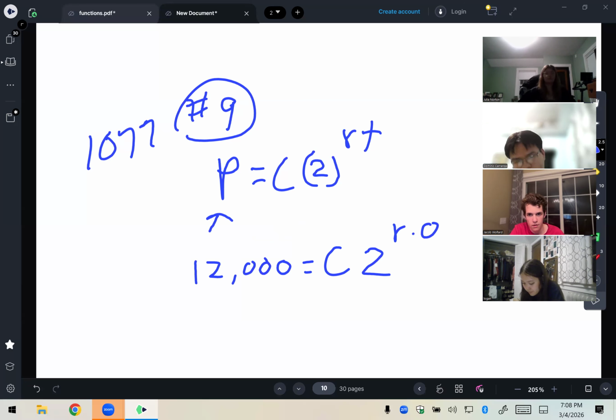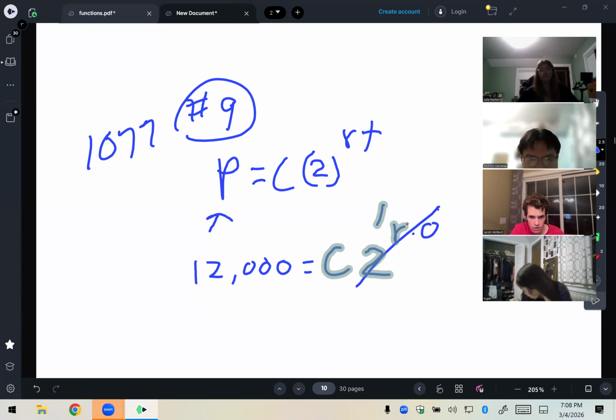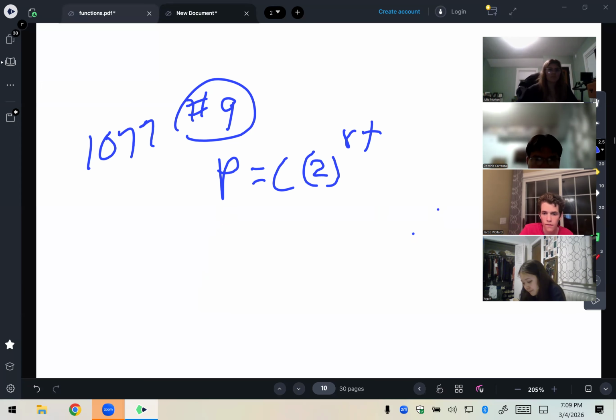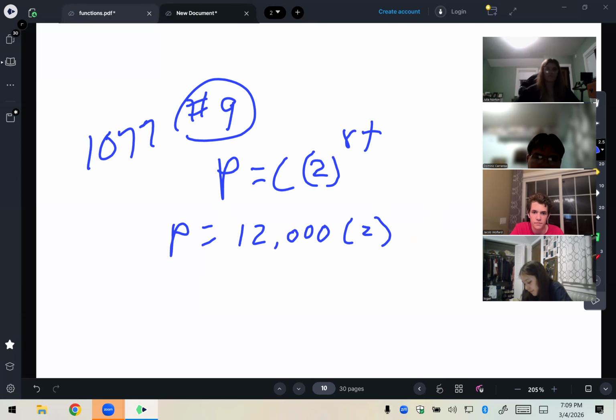I just put in 0 for T. So this is now 2 to the 0, which is 1. So C is 12,000. So even if you totally forgot, you could still figure out that the 12,000 goes in for C. So that's step 1. We have our formula: P equals 12,000 times 2 to the RT.